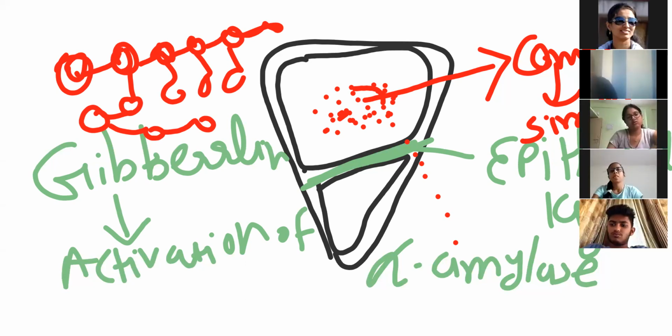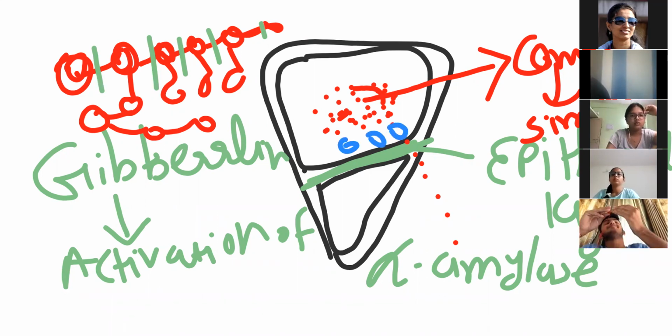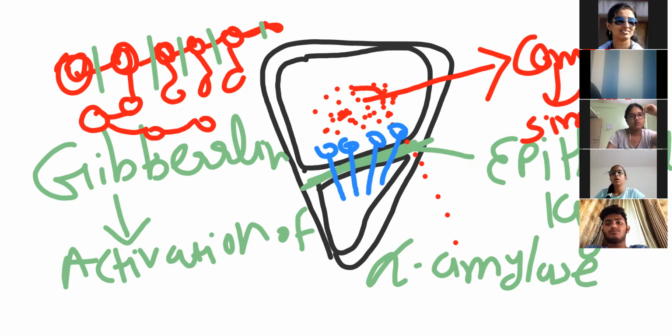With the help of this alpha amylase, which comes here, the starch is cut and gradually converted into single glucose molecules, which can be easily absorbed by the cell. That glucose now shifts towards the narrow region where the developing embryo is present. This developing embryo needs nourishment, so that's why this epithelial layer is there.